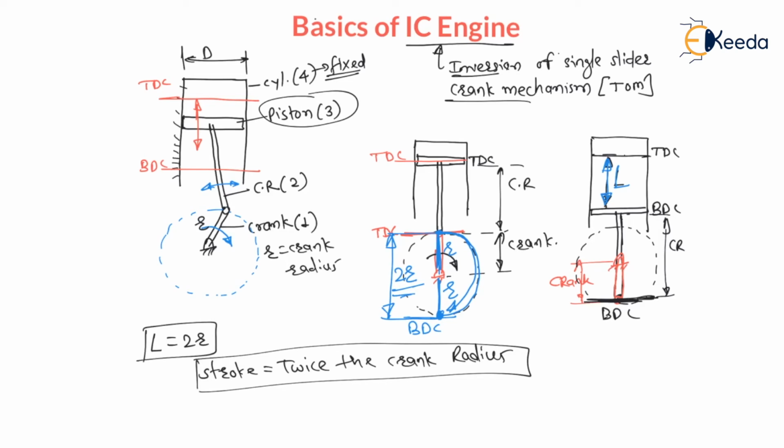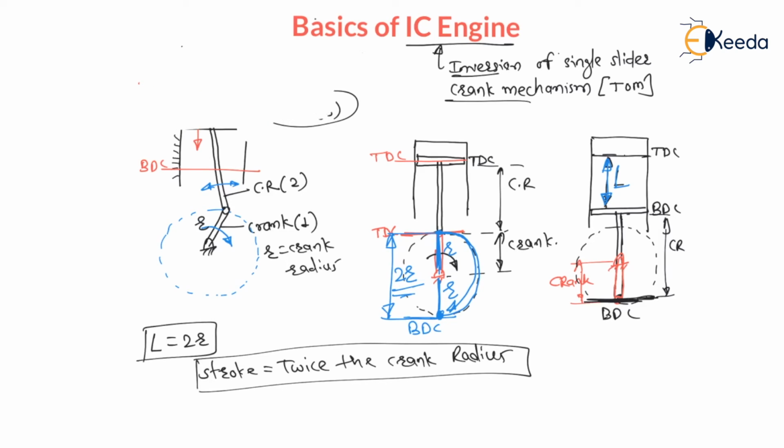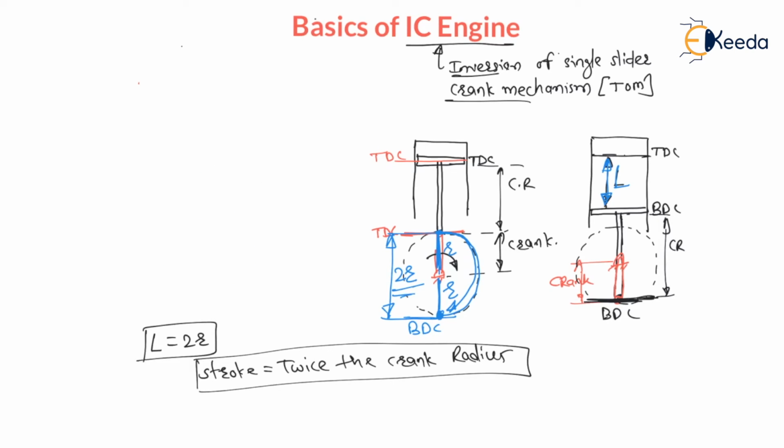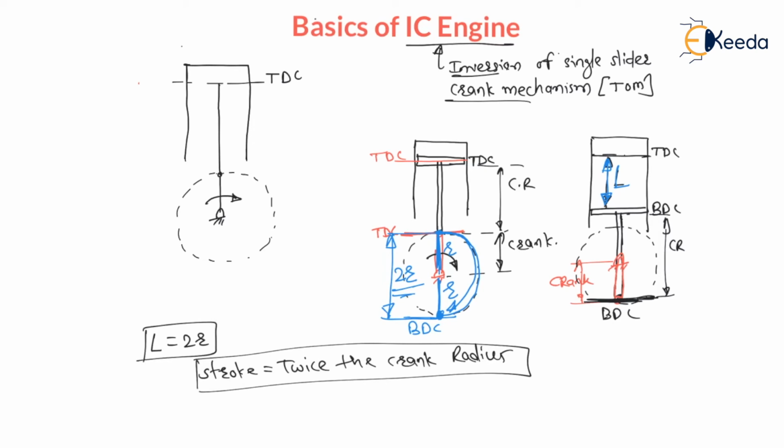Now simply in another diagram you can understand like this. Let us say in the same diagram, this is a cylinder, and whenever the piston is at top dead center, there will be a connecting rod like this. After this connecting rod there will be a crank where it is pivoted, right? This crank is rotating like this. This position is top dead center.